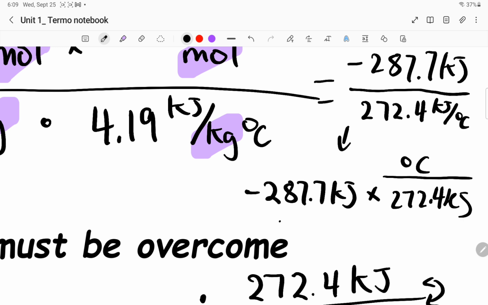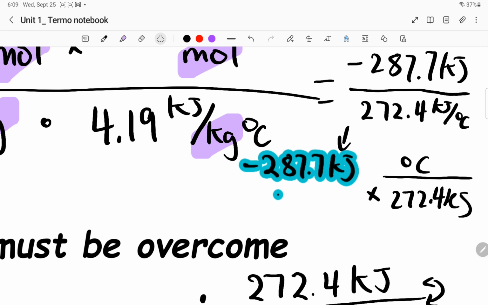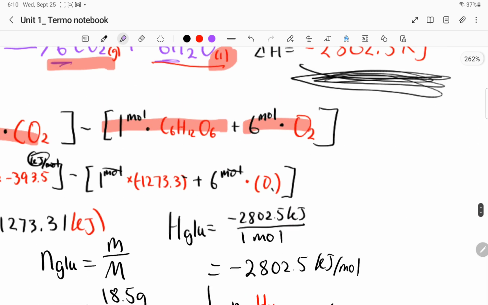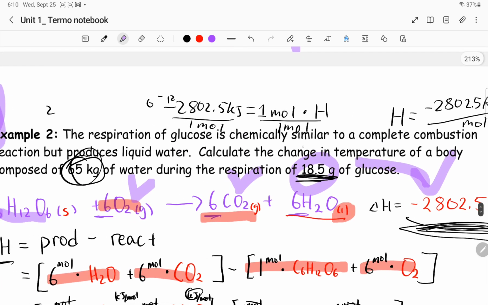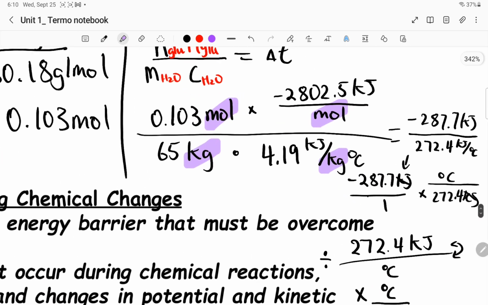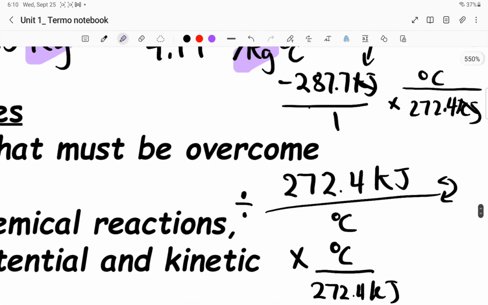So the kilojoules cancel out, and all we're left with is our Celsius, which is exactly what we want, because our end goal was to calculate the change in temperature. We have the right units here. That means we did things right.